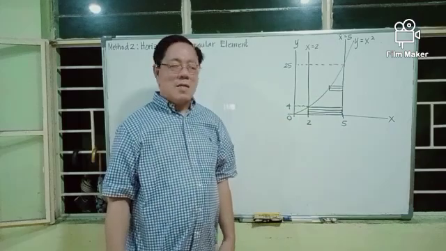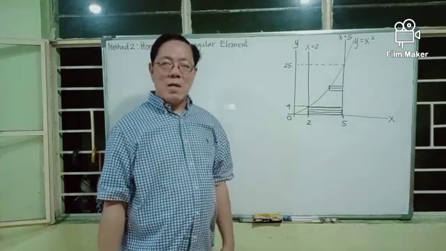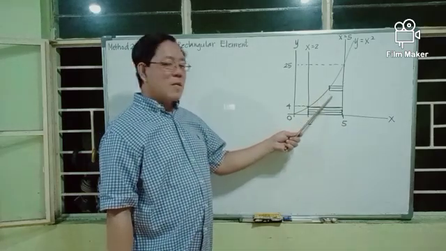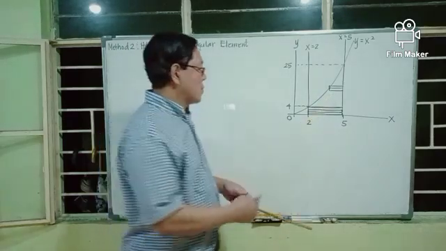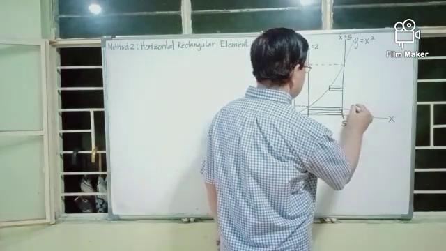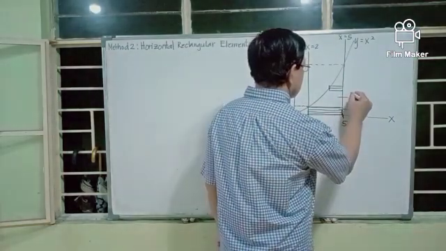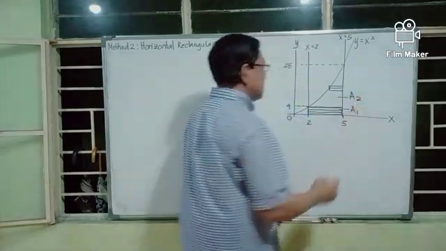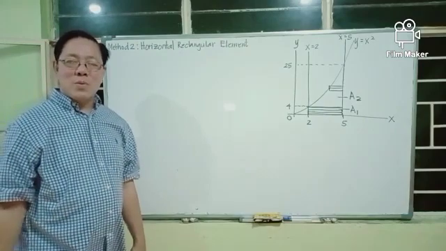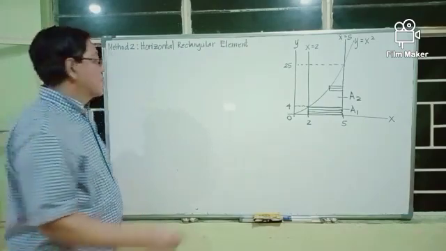So we will divide this area into two areas. We will call this A1 and this area A2. And the total area is equal to A1 plus A2.